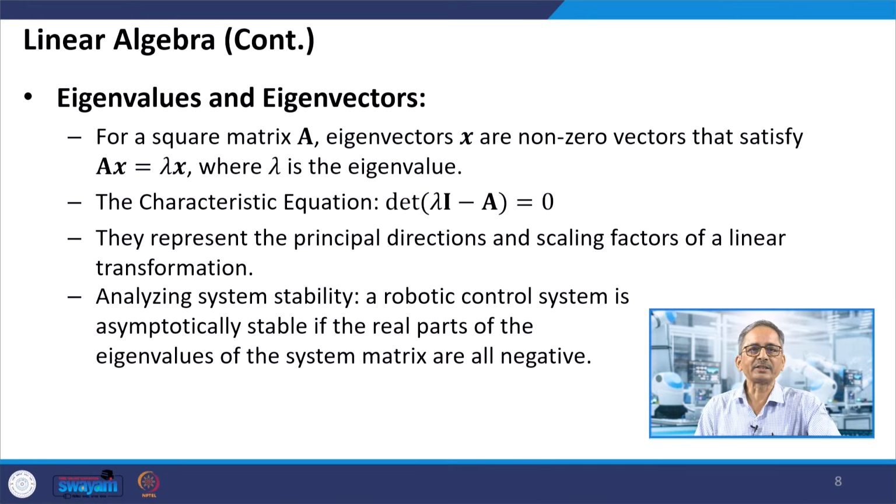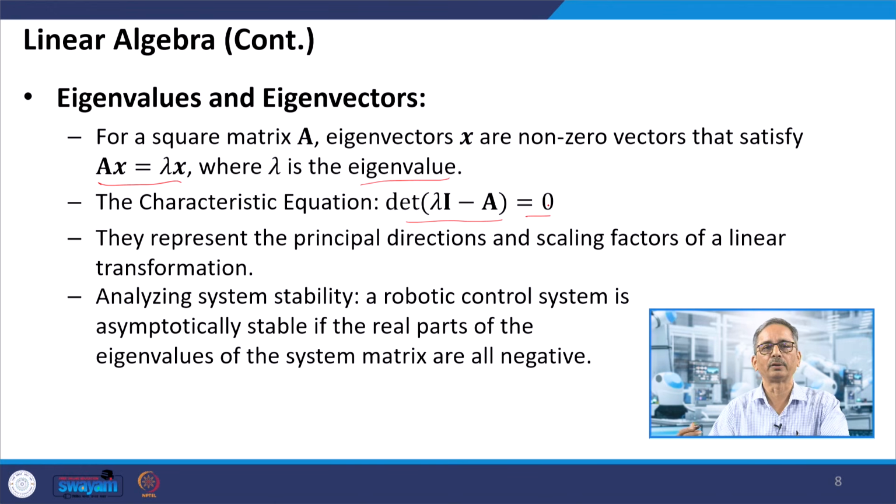Next concept is eigenvalues and eigenvectors. For a square matrix A, an eigenvector x is a non-zero vector that satisfies Ax equal to lambda x, where lambda is the eigenvalue. From this equation we get the characteristic equation, that is, determinant of (lambda I minus A) equal to 0, where I is the identity matrix.